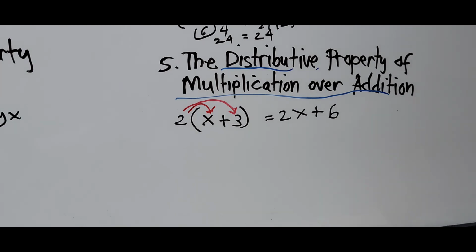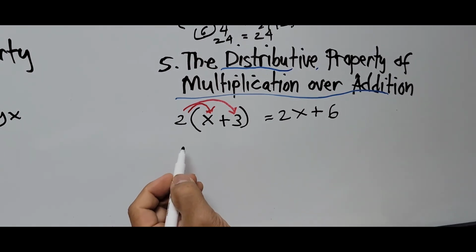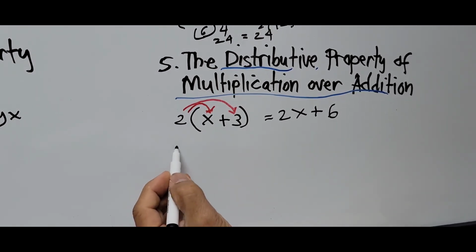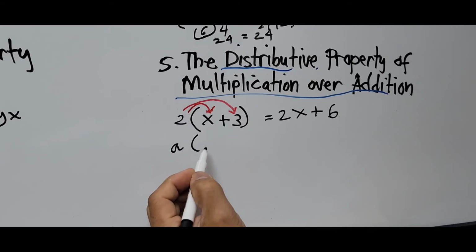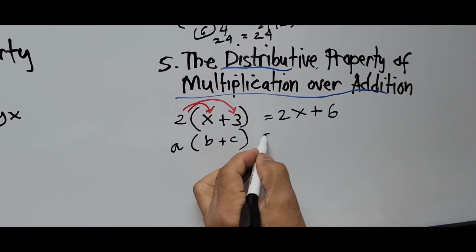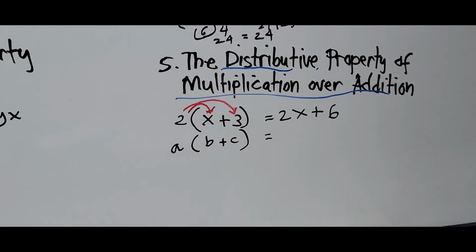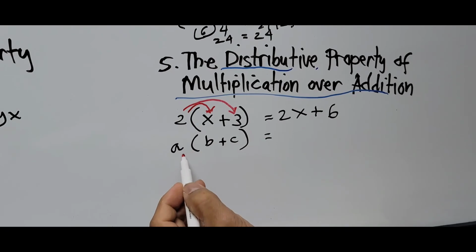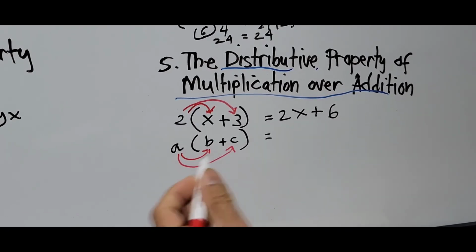So in math talk, as an example, a times b plus c is the same as, we do that again. This a is multiplied to b, and then a is multiplied with the c.